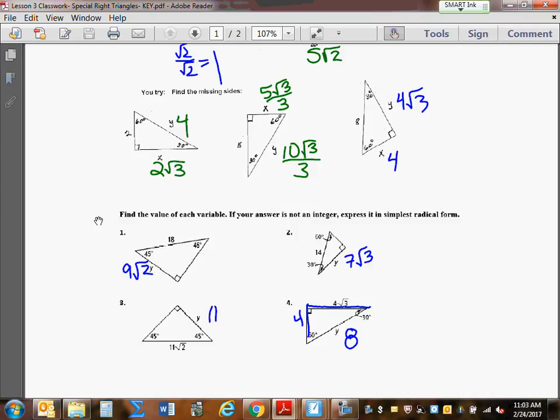Two times the short leg. Which one's your short leg though, right? Yep, yep, you got it. Other questions on these ones?